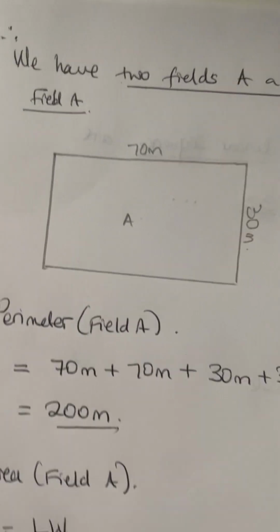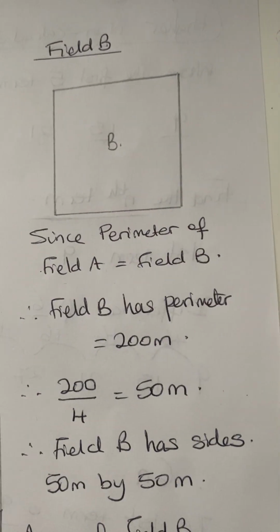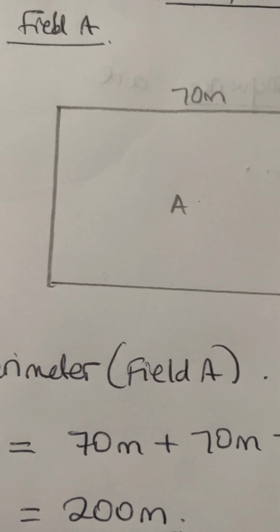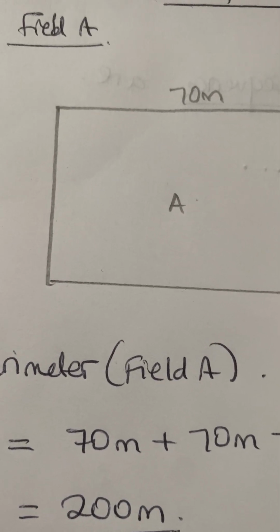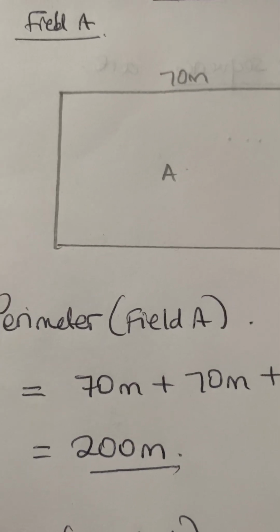Okay. So I'll show you what I did. So I did field A in a column, and I did field B in another column. I have more information on field A, so I'm going to start solving with field A.